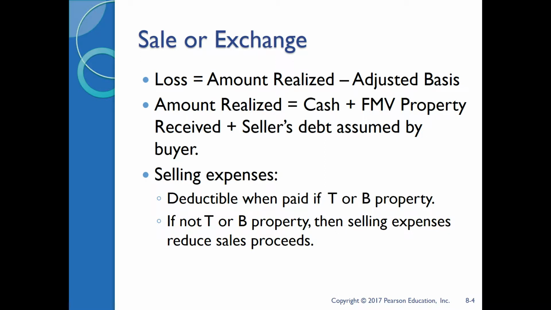Selling expenses are deductible when paid if trade or business property, and if not trade or business property, then selling expenses reduce the proceeds of the sale when calculating the gain or loss.